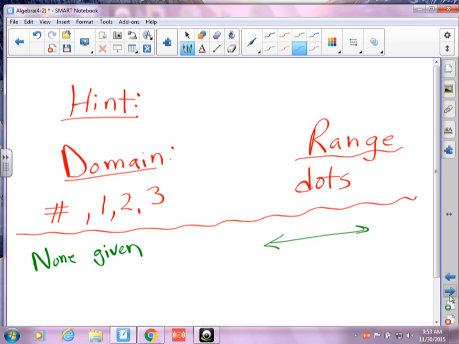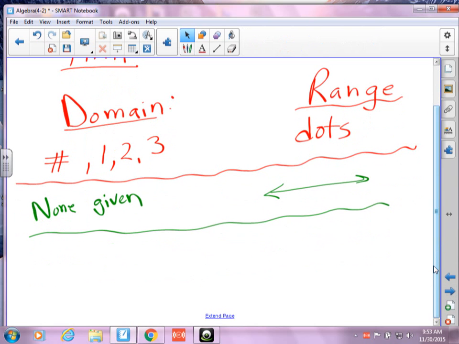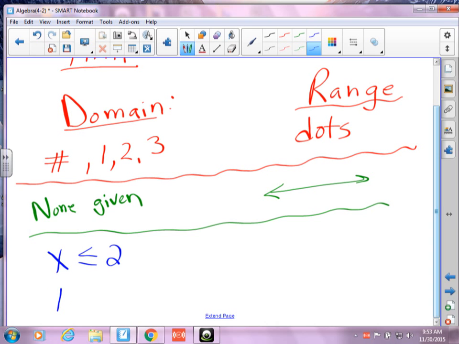And those are like if I chose -1, 0, and 1, there were no restrictions. If I have something like x is greater than or equal to 2, or x is less than or equal to 7, okay, you're going to have a dot and an arrow going off in the other direction.